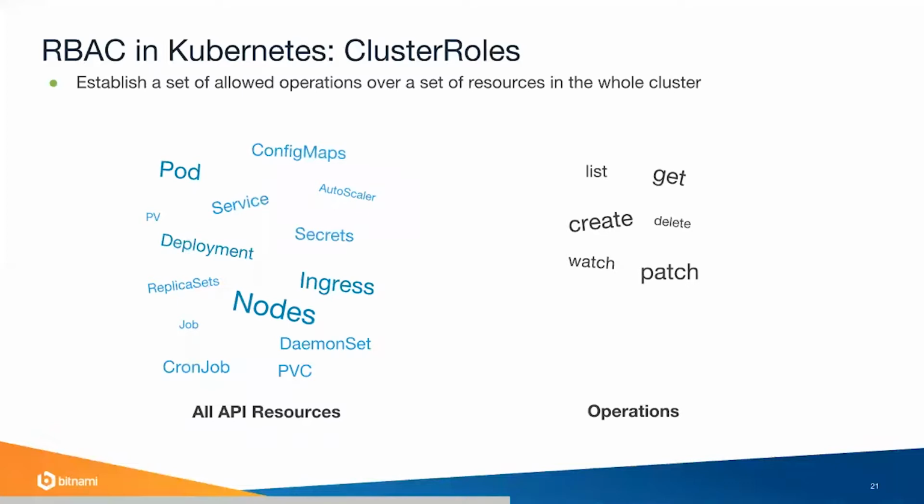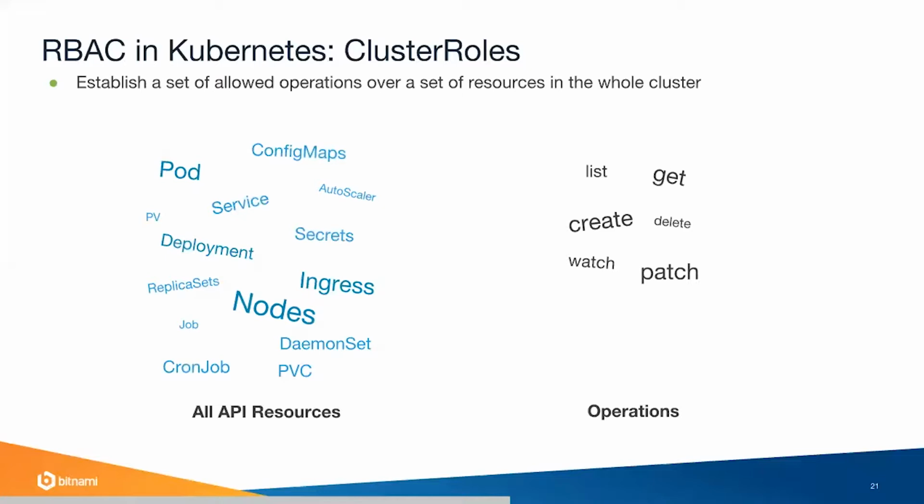We may want to access resources that are not bound inside a namespace. For example, nodes don't belong to namespaces. Persistent volumes are not namespace objects. So we may want this kind of flexibility, to tell a user what it can do or cannot do in all namespaces.